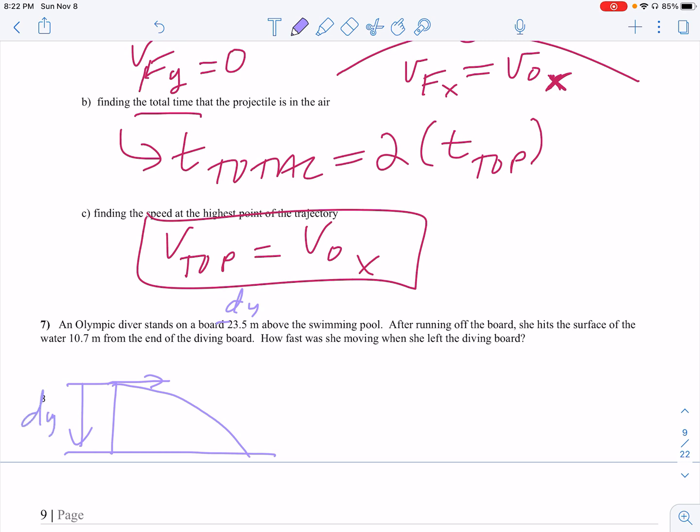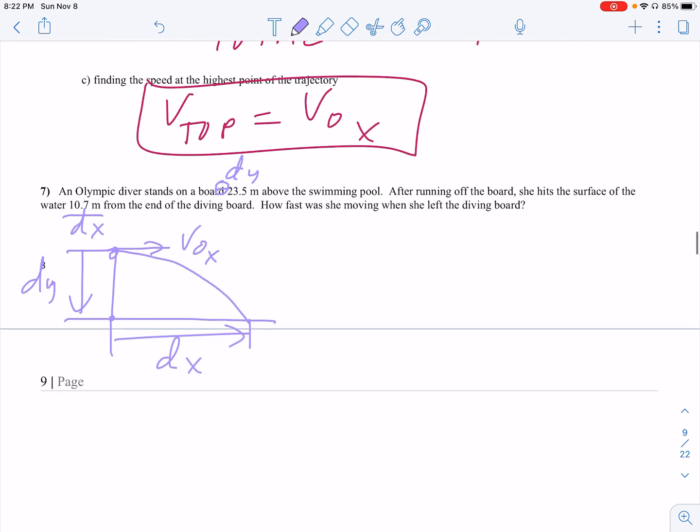The height is a displacement, start to finish. And dx is 10.7 meters. How fast was she moving when she left the diving board? So I'm looking for VO, which is really VOX.